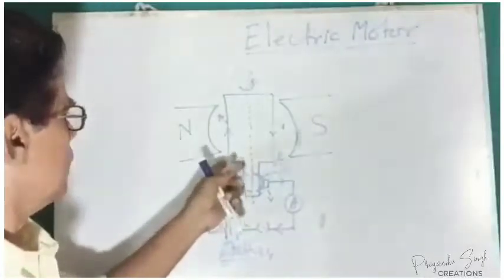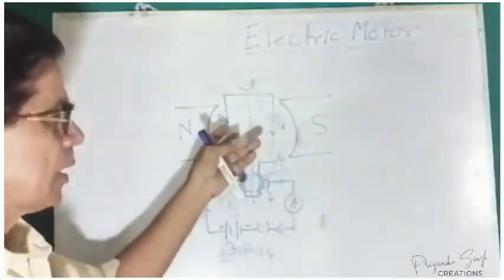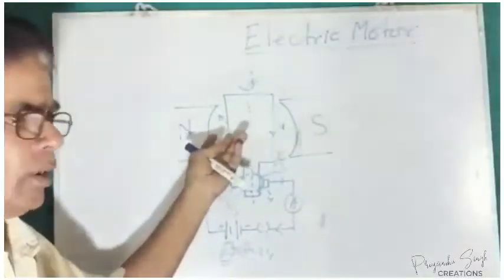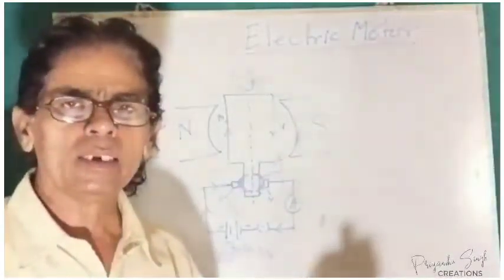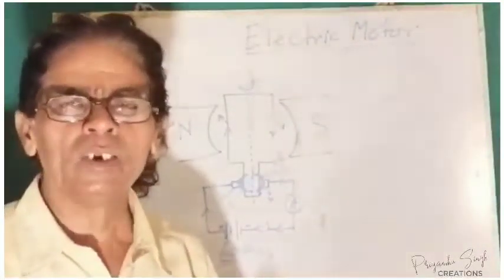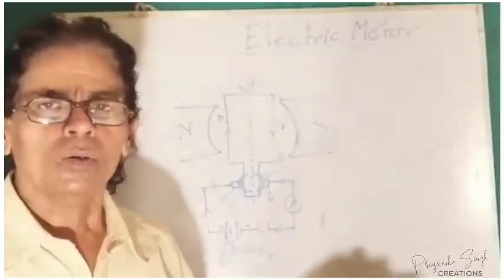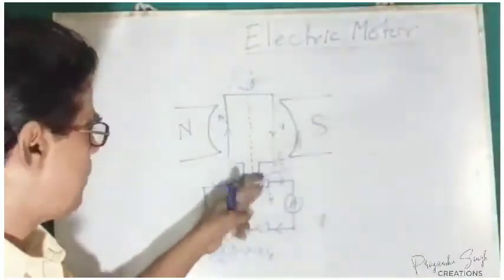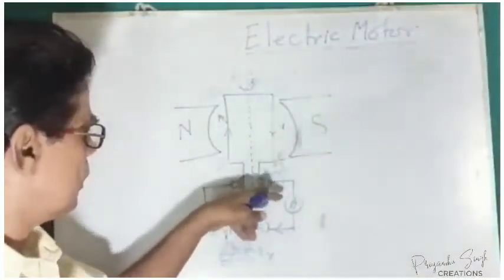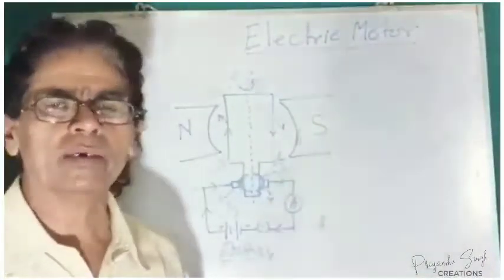Now see here, the direction of electric current in the rectangular coil changes at regular intervals, that is, after each half turn. This happens only due to the use of a split ring.